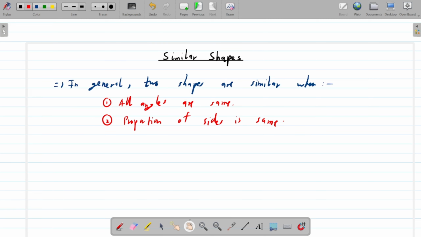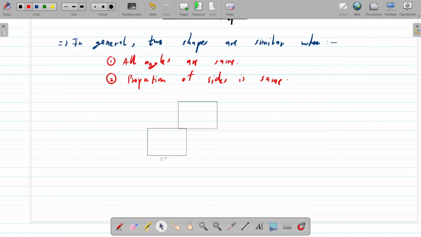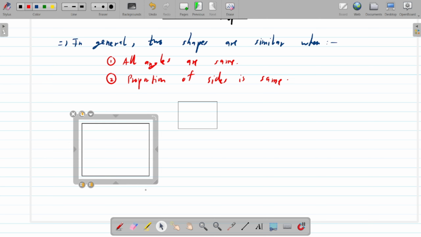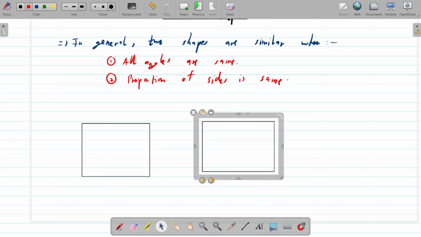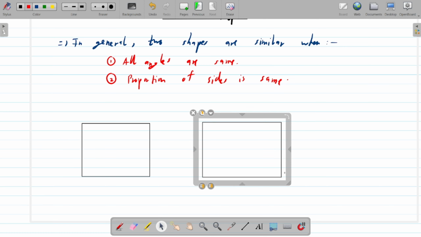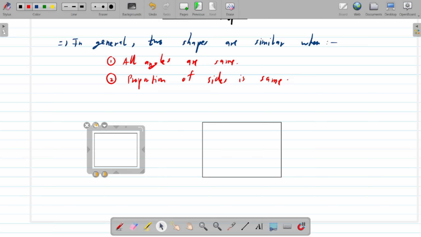So for example, if I take a square, let's take these two, not a square, but let's try to make them into a square. Let's say we have a bigger shape and a smaller shape.